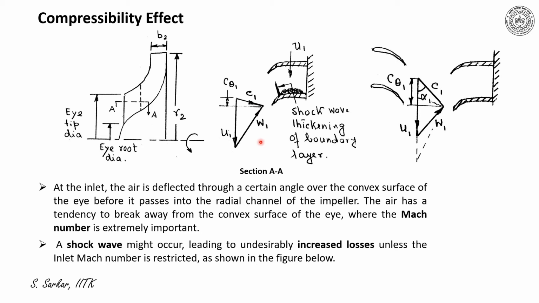The relative Mach number at inlet is very important. When you need to control the inlet relative Mach number, otherwise shock will appear, thickening the boundary layer. Often the boundary layer will be broken, enhancing losses.